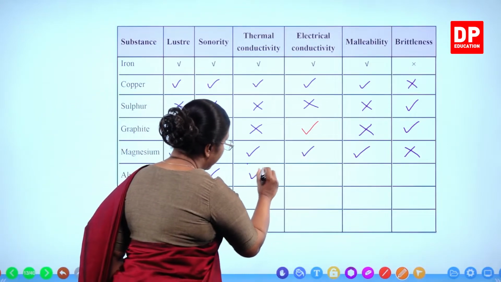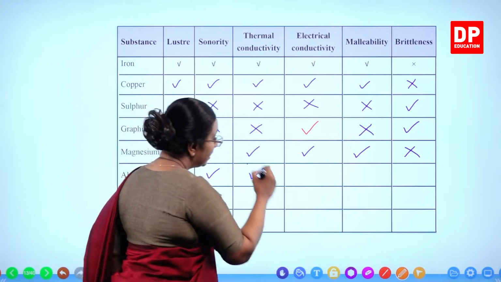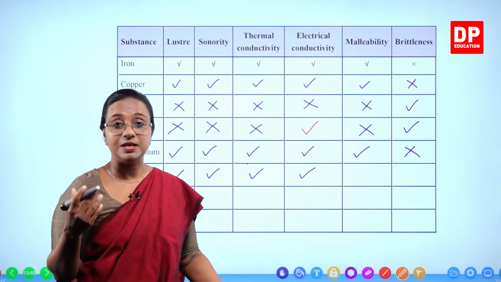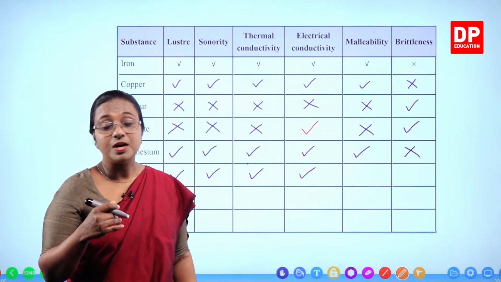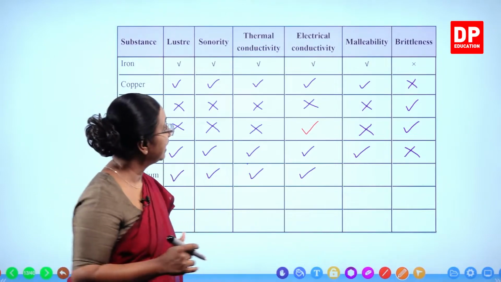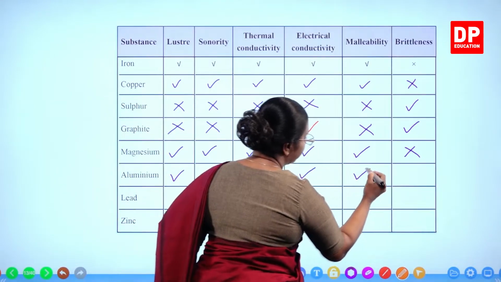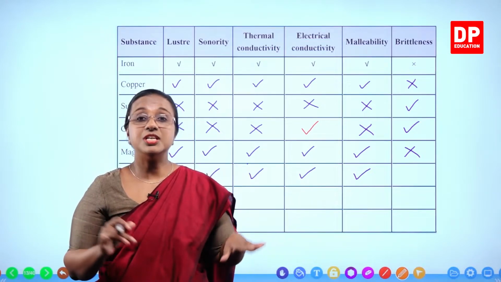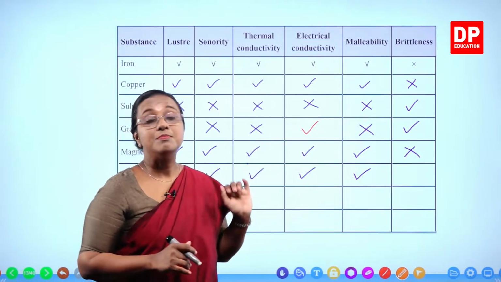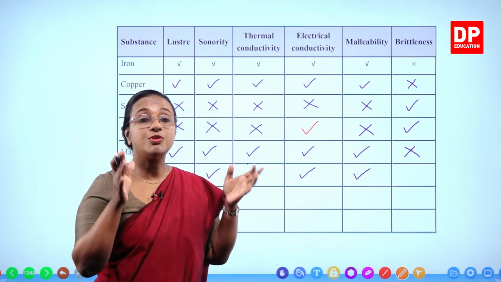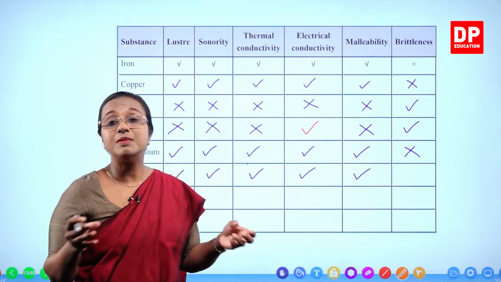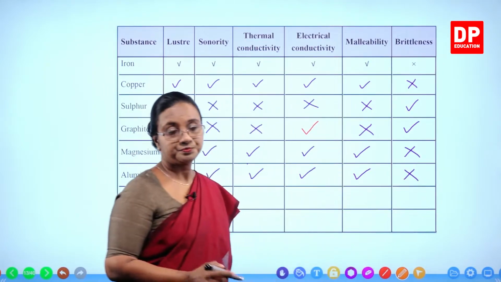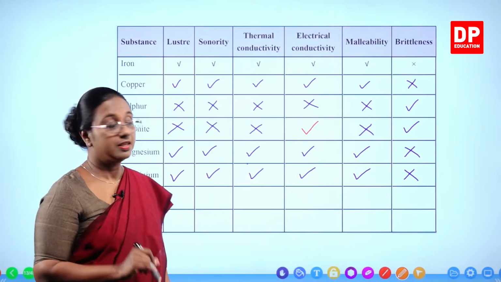They do conduct electricity. Aluminium plates and strips can conduct electricity. They are malleable. That is why we are able to make them into vessels or sheets. But brittleness is not there. If you drop an aluminium vessel, it doesn't break into pieces. It is not brittle. Is that clear, students?